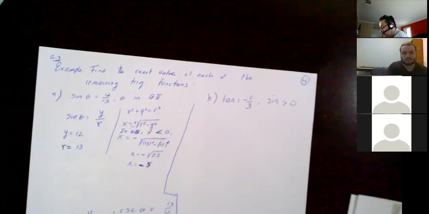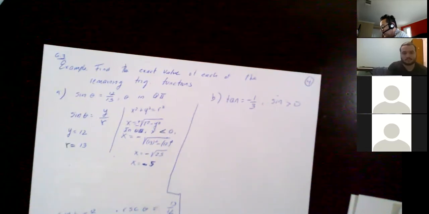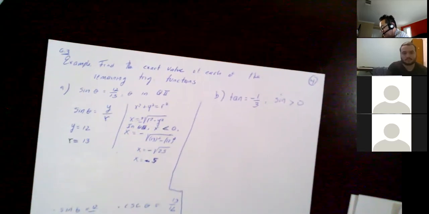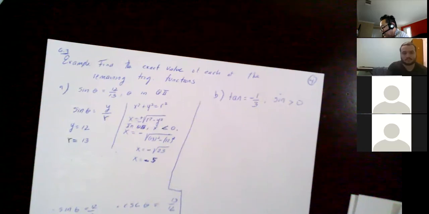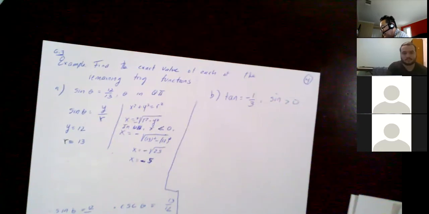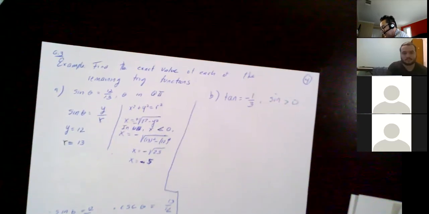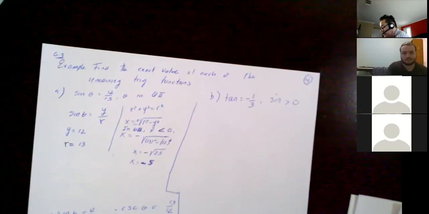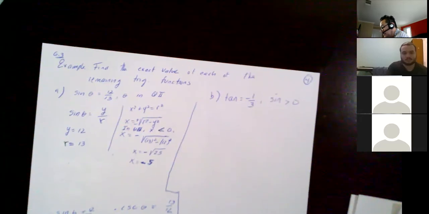The cosine, by definition, is x over r, that would be negative 5 over 13. From there, I can find the secant, which is the reciprocal of the cosine. And then I can find the tangent. Tangent by definition is y over x.